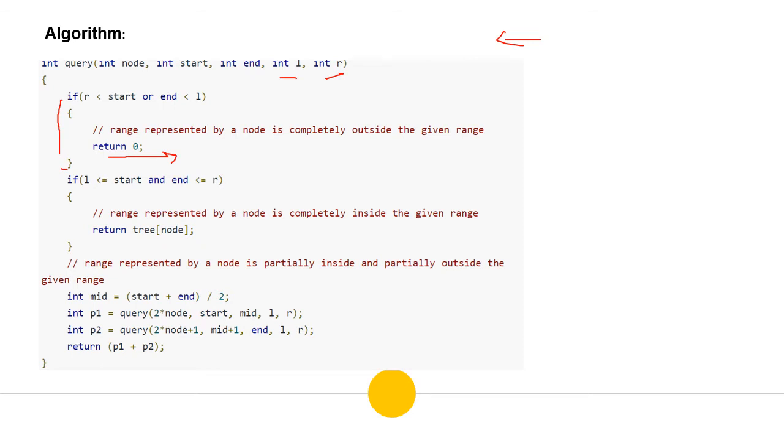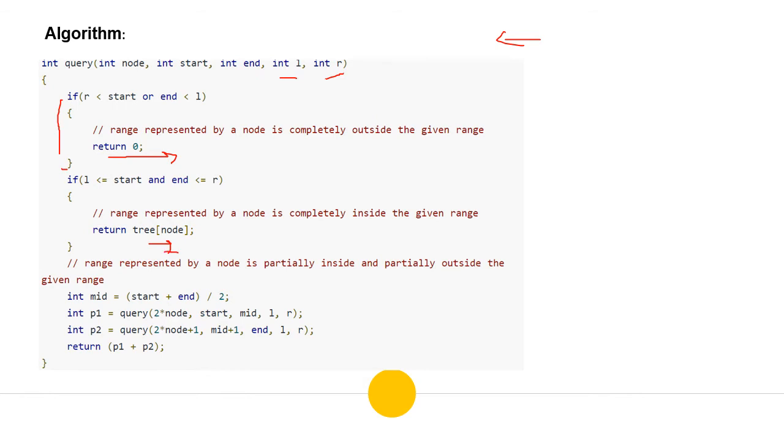Else what we do is that we try to find a node which is completely inside the given range. I mean, if our array size is 8 and our query is to find the sum of all elements, the first node will completely contain the given range, so we can return it.